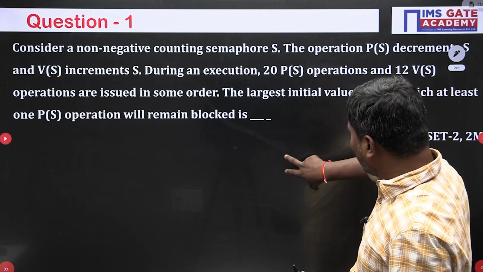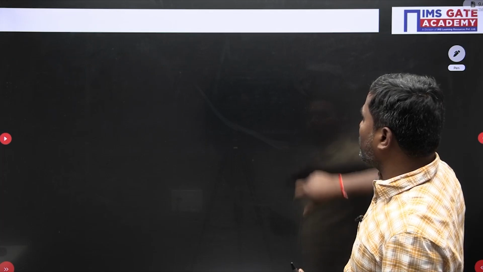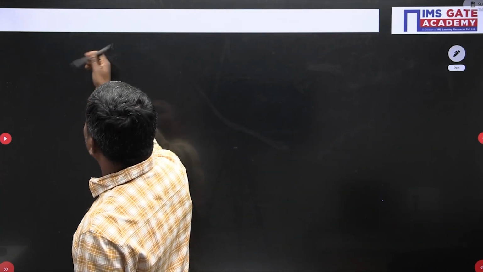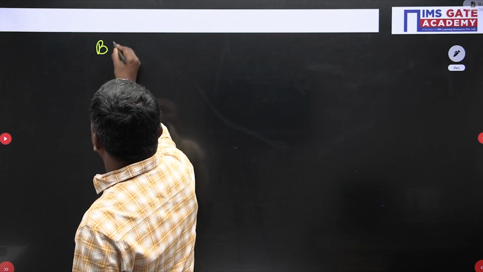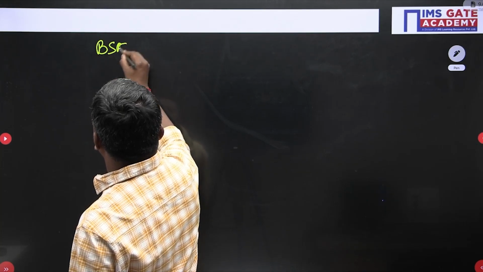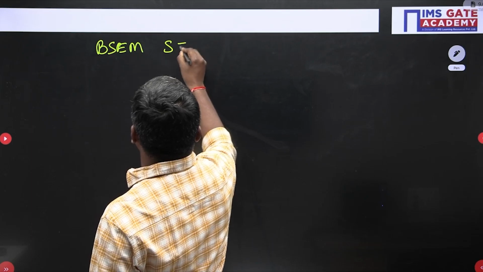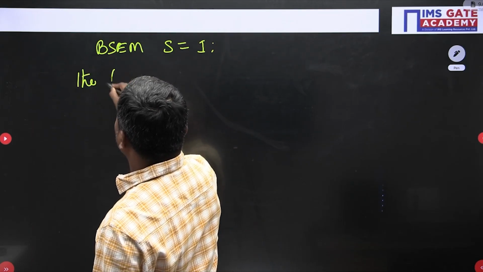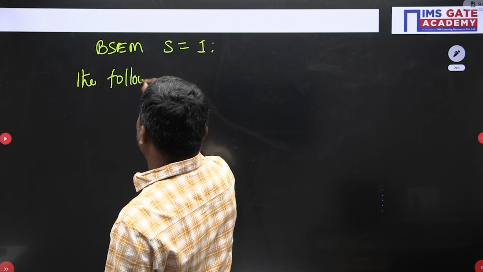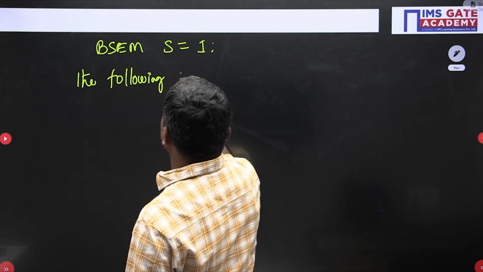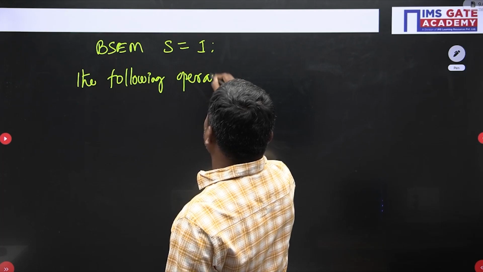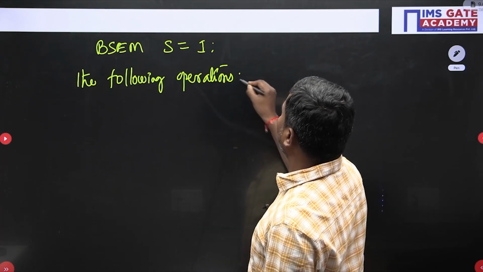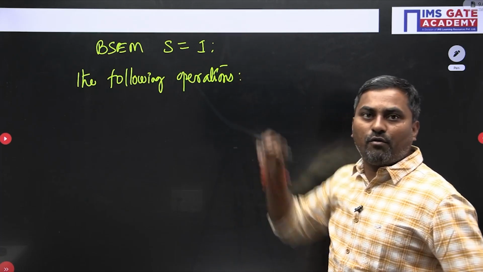Before answering that question, we can try one more question. Suppose I am taking this scenario: initially binary semaphore value S equal to 1, and the following operations are carried out on this semaphore.